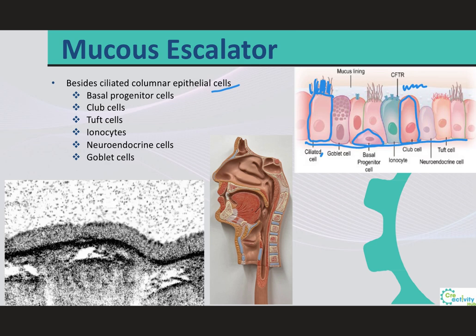Then we have what we call the tuft cells, which are chemosensory epithelial cells in the respiratory tract. It can be found in several other organs as well, which will include the gastrointestinal tract, the pancreas, and the lungs. And notice how they present with these cell extensions that are different from the cilia.